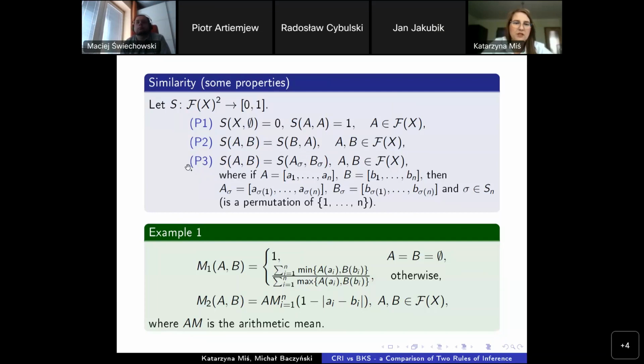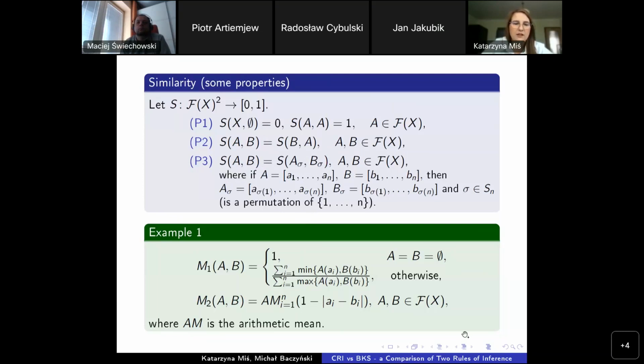The third property: if we assume that our fuzzy sets are finite, we could say vectors, then for any permutation of our elements, the value of the function S has to be the same.